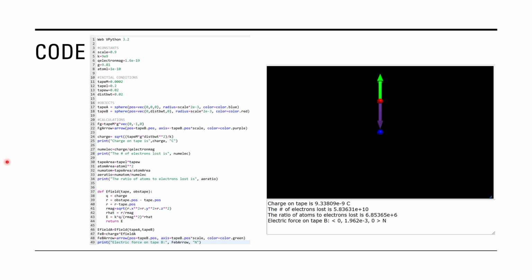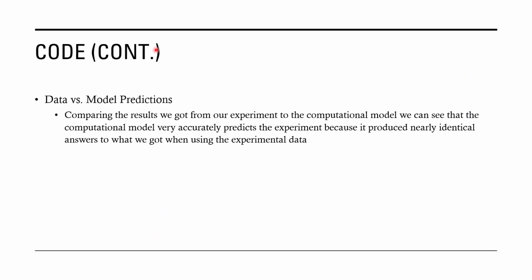And I did all the same calculations we did on the previous slide to get more or less the same numbers. Seeing that we got very similar numbers, we can see that the computational model very accurately predicts the experiment because it produced very similar numbers to what I got during the lab.